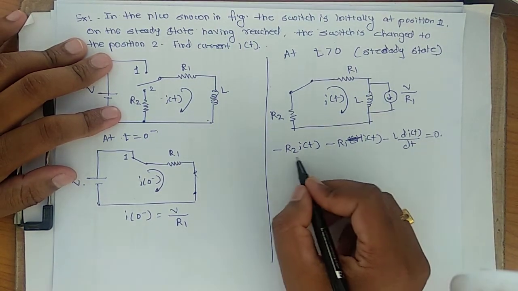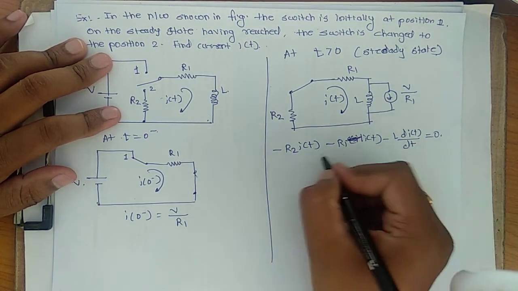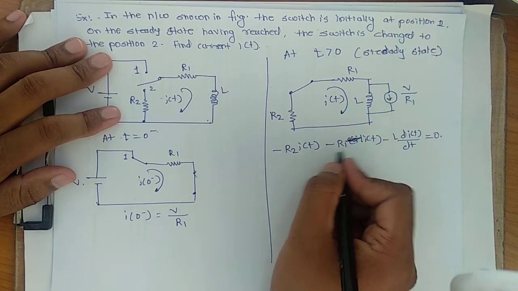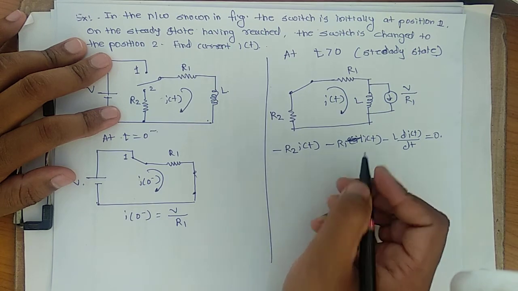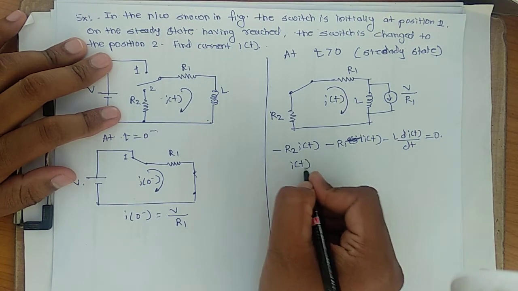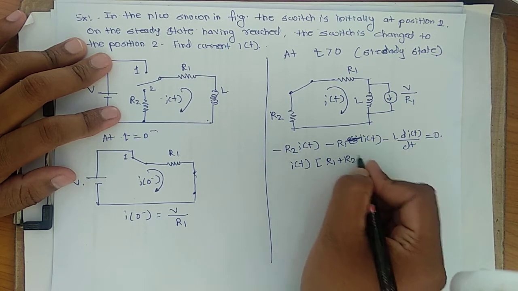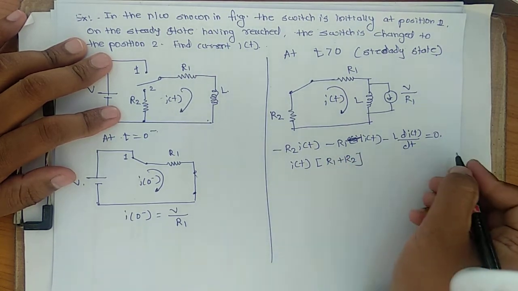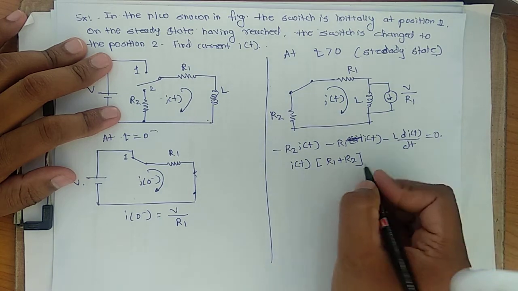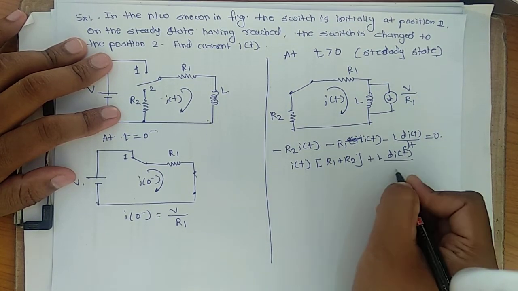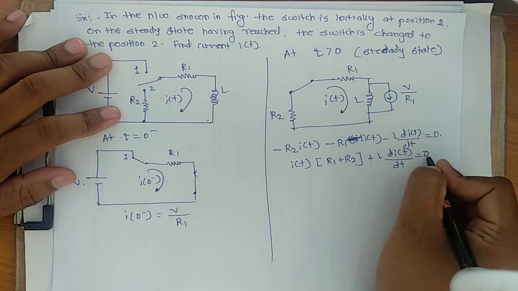So that is R2 I of t. Now I will take the minus sign common and it will get cancelled. I will also take I of t common. Inside the bracket, that is R1 plus R2. Since the right-hand side is 0, we can cancel the minus sign. Plus L dI of t divided by dt is equal to 0.